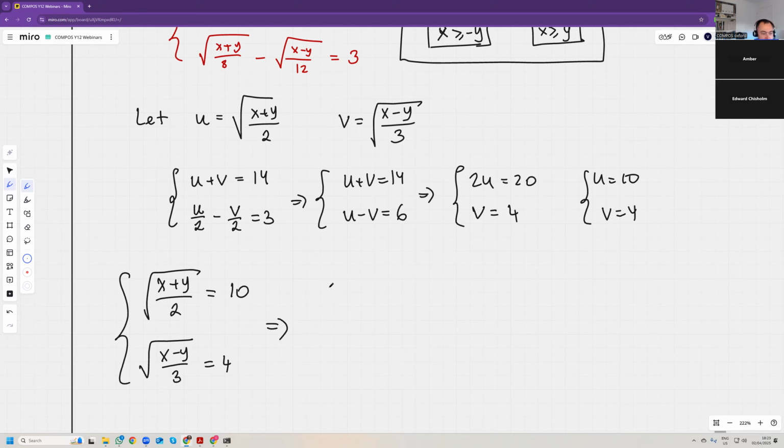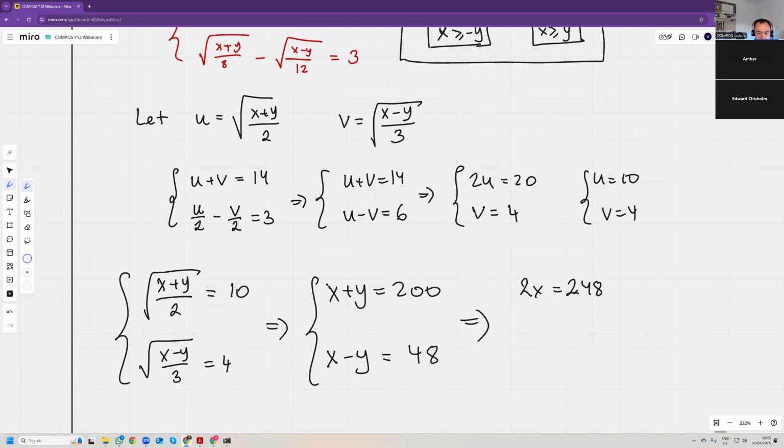So here we can square it. So x plus y is 200. Square here, x minus y equals 48. And now we can add the 2, so 2x equals 248.